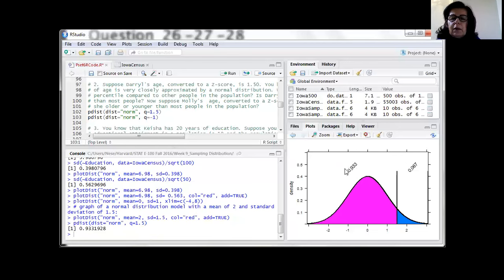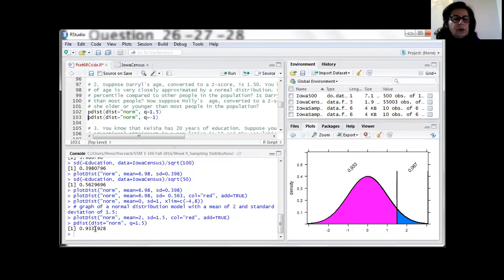So, since we know the proportion, the pnorm command gives you the proportion. When it's asked for the percentile, we multiply this by 100, and then our answer would be 93.32.